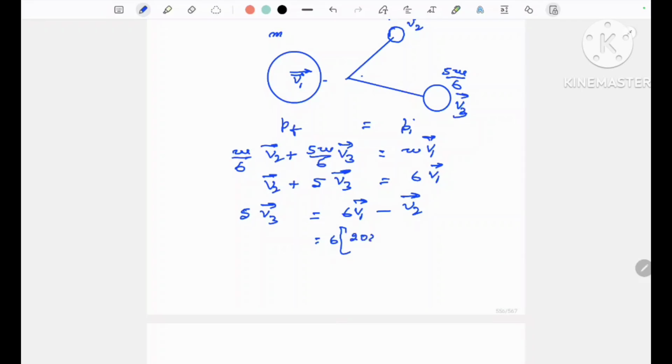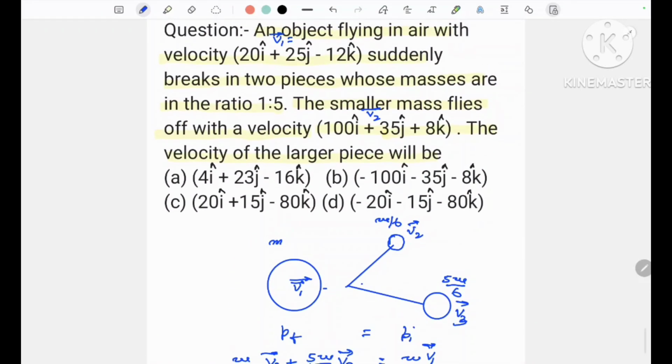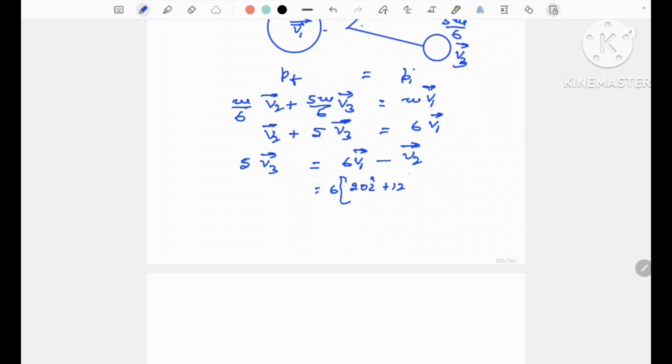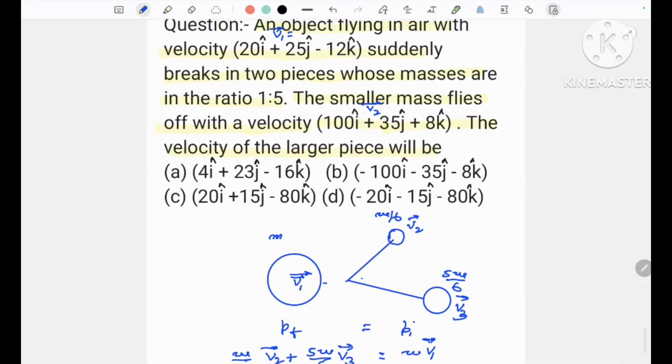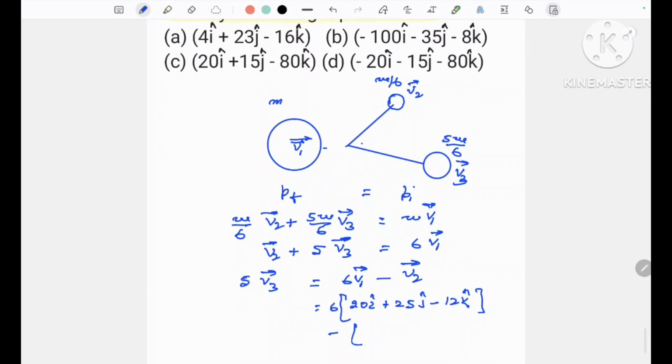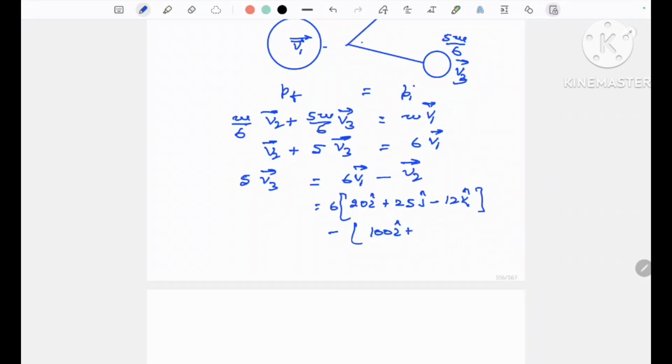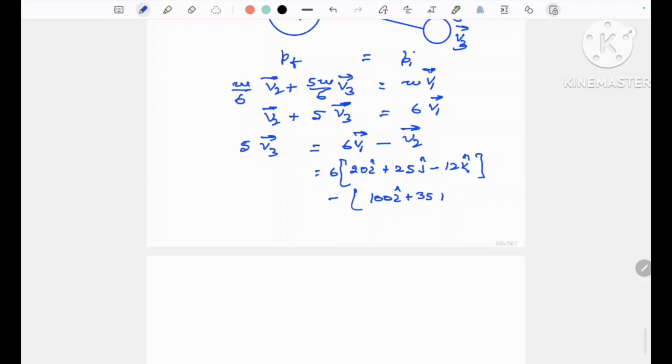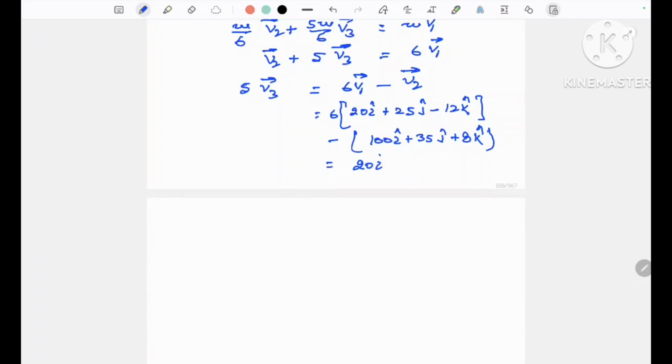6 times (20 i cap plus 25 j cap minus 12 k cap) minus v2, which is 100 i cap plus 35 j cap plus 8 k cap, gives 20 i cap plus 115 j cap minus 80 k cap.